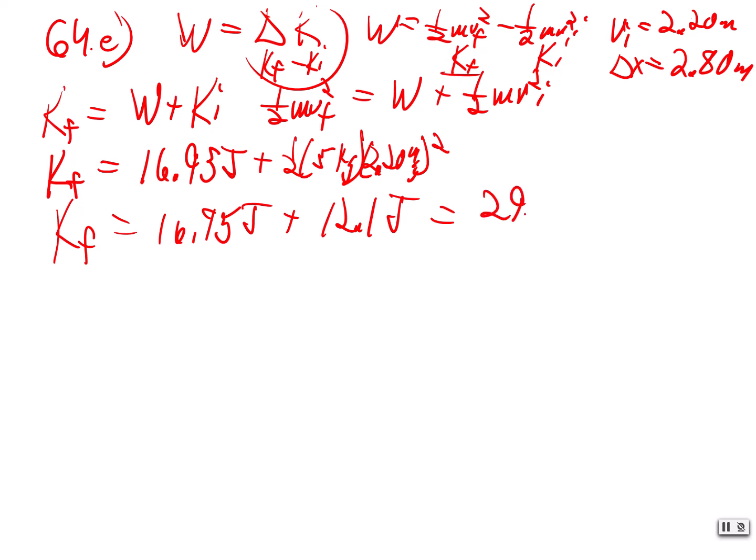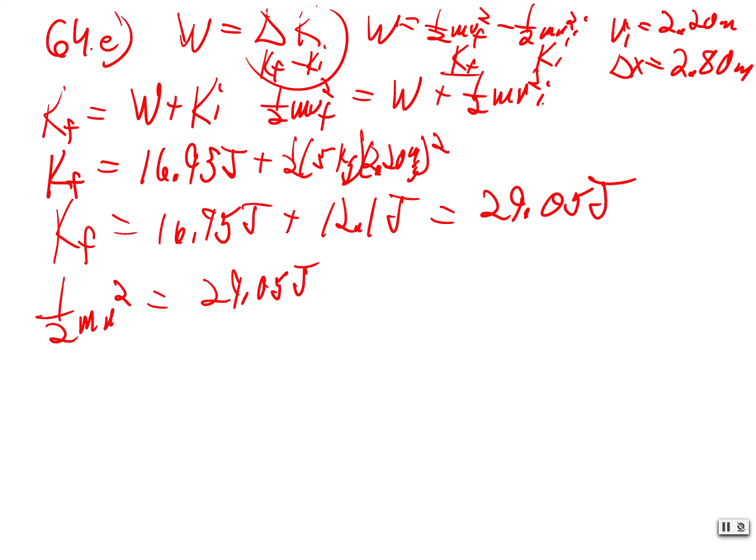Now this is saying 1/2 mv squared is equal to the total work, which is all of this, 29.05.